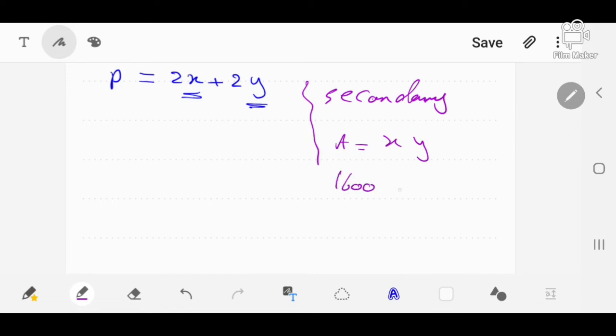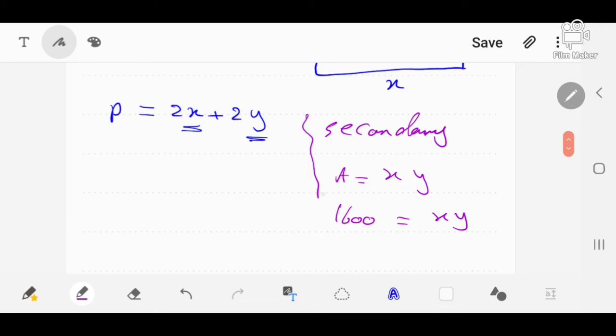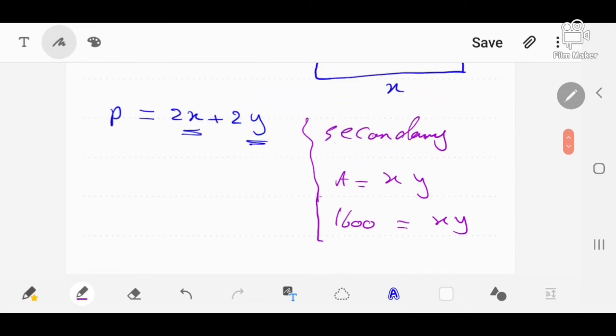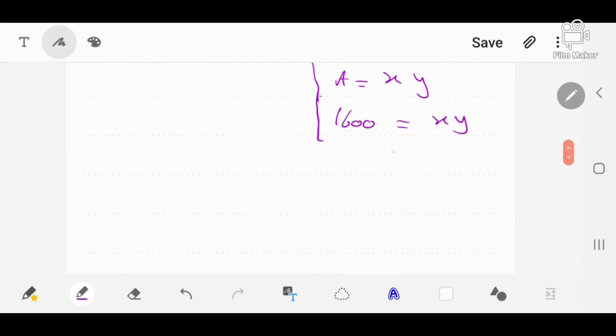Now, since I have an equation that has only x and y, and here I need to replace one of them in terms of the other, it's simple to choose either of them since the equation is the same. So let's say I want to solve for y, so y will be equal to 1,600 over x.